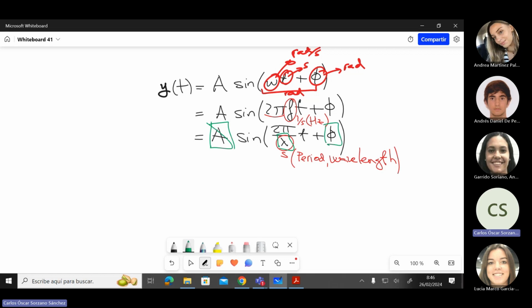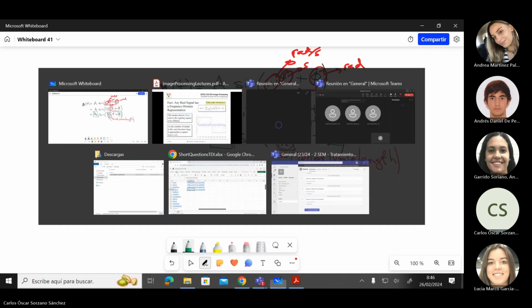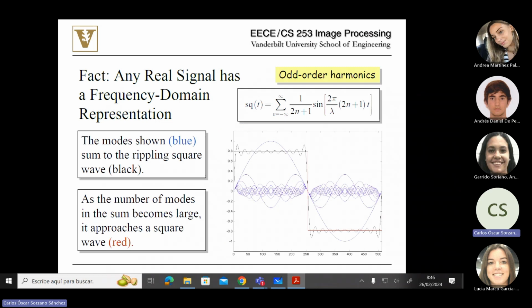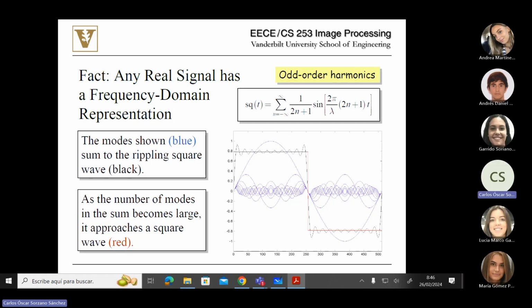So by controlling these things, you have time, you have to choose what is the amplitude, what is the wavelength, so what is the distance between one maximum and the next. This is the wavelength. And what is the phase? The phase moves the sine to the left or to the right with the same frequency. Okay, and by adding many of these sines, you can approximate any signal as much as you like.